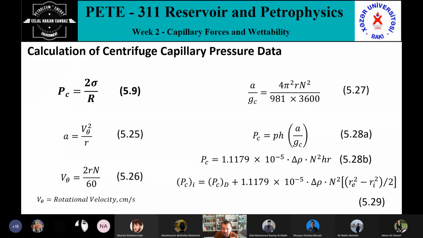when you divide your acceleration by g, okay, what you obtain is the ratio of centrifugal acceleration to the gravitational acceleration. Okay, then you can substitute A divided by g with the unit conversions. Okay, and you reach your A divided by g and put it into your formula.